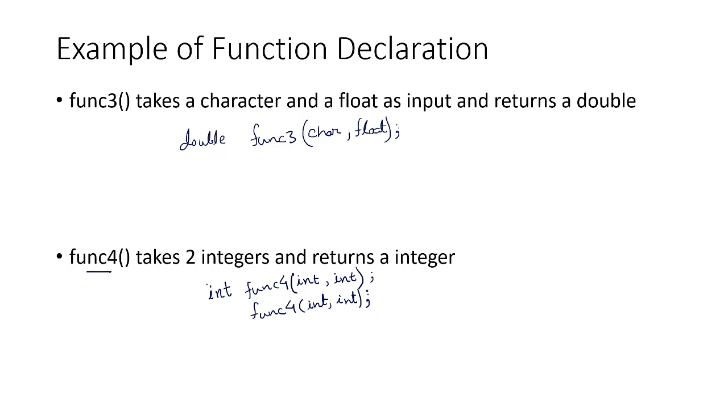So when you do not mention any return type for a function, it is assumed that the function is going to return an integer value. Whenever a function is returning an integer value, you may or may not specify the return type. But as a good programmer, you should mention the return type, or if you do not mention it, by default it will be integer.